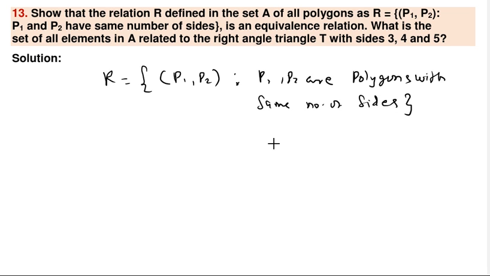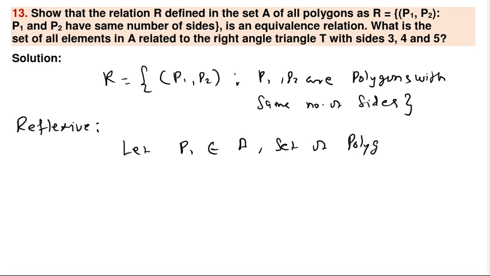To test reflexivity, let P1 be a polygon of the set A, a set of polygons in a plane. Then (P1, P1) belongs to R. Yes, the number of sides of P1 and P1 are equal. So it is reflexive. Therefore, R is reflexive.